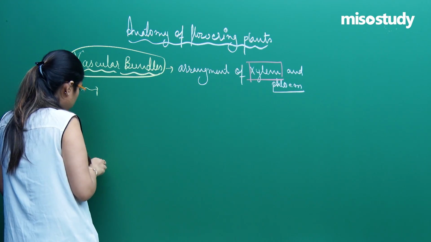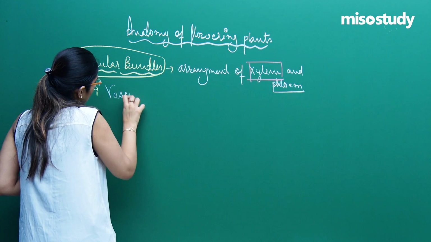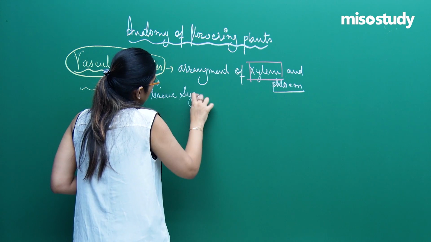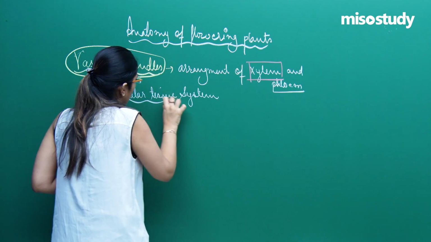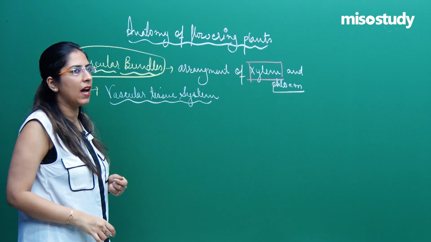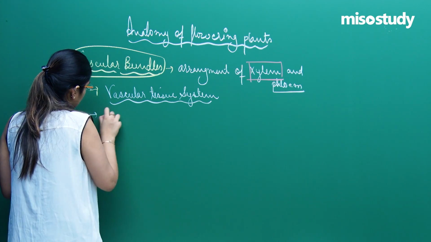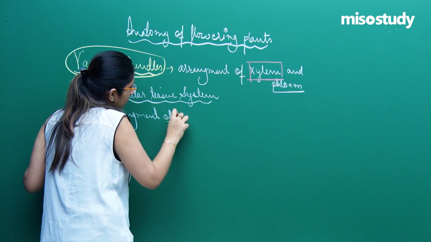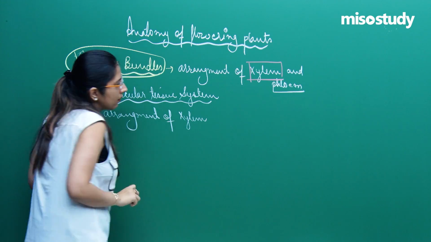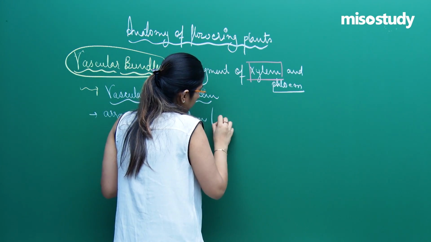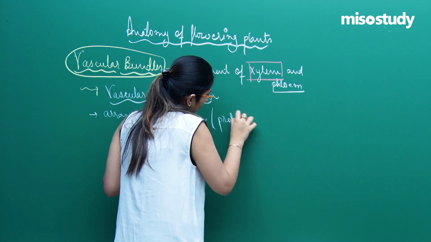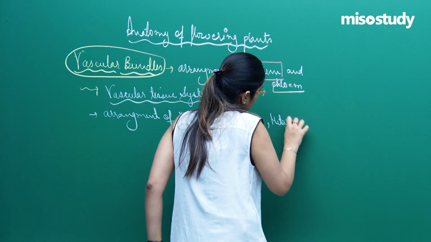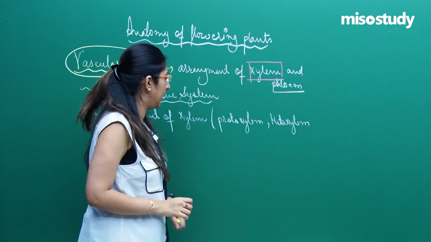They have a vascular tissue system. Now in this we will be talking about the arrangement of the xylem and phloem, and that can be protoxylem and metaxylem.